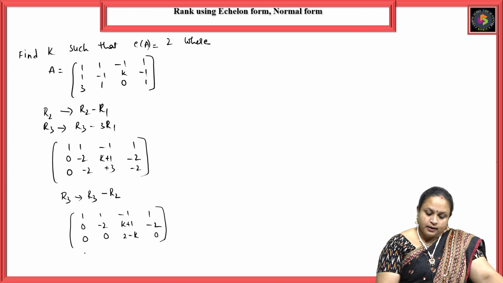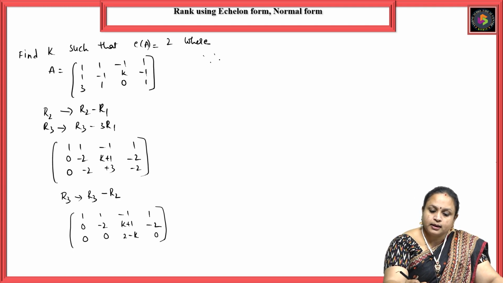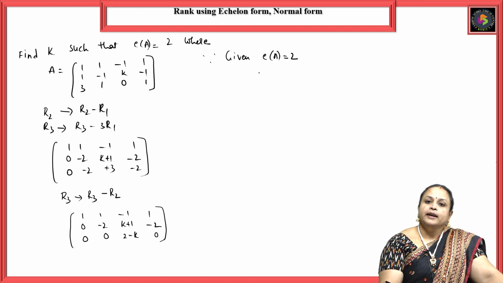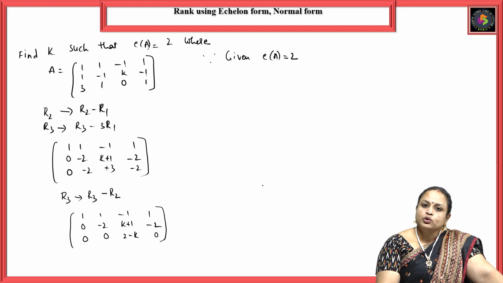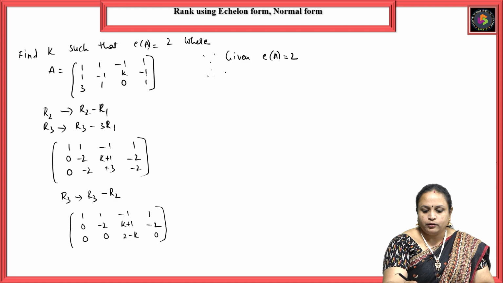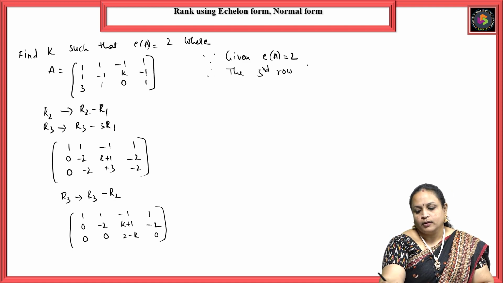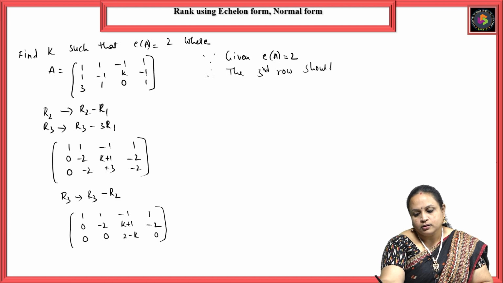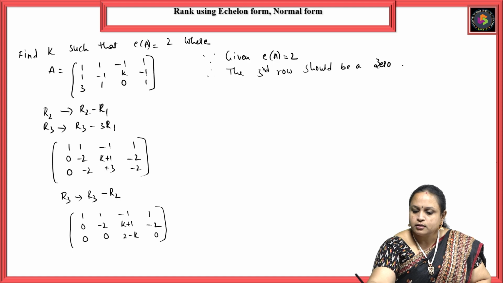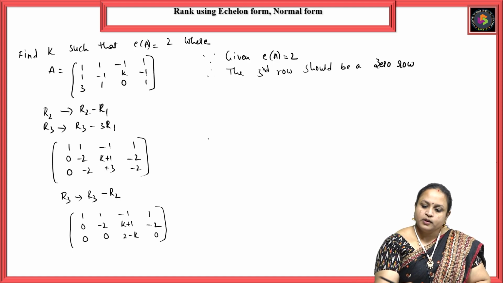Since given the rank of A is equal to 2, therefore the number of non-zero rows also should be 2 and the third row should be a 0 row.